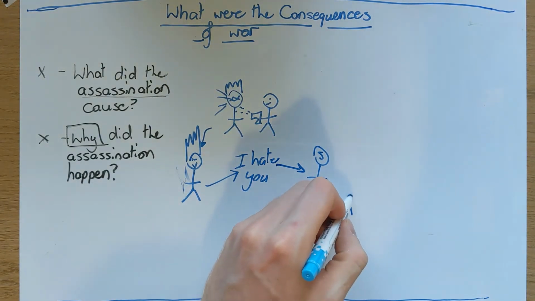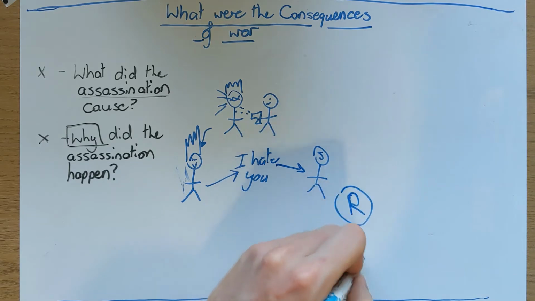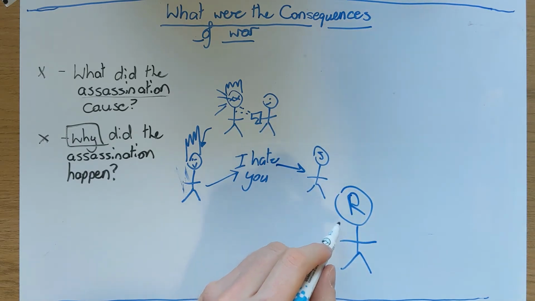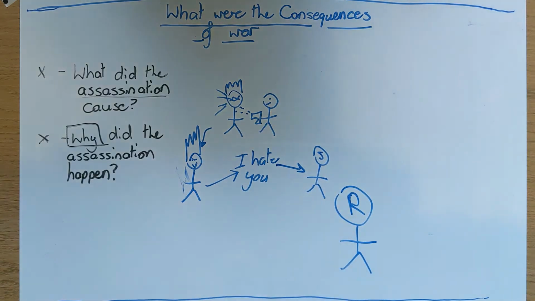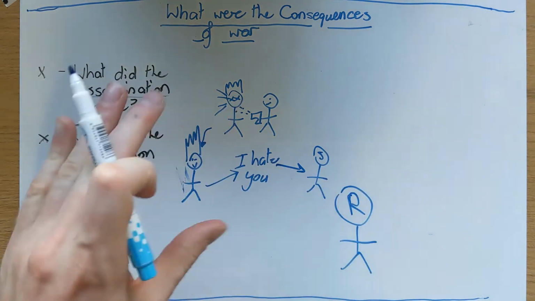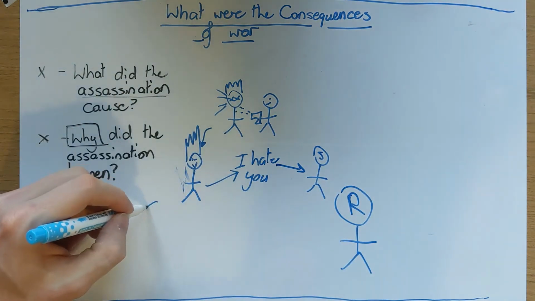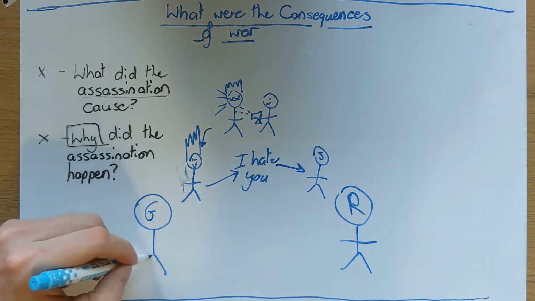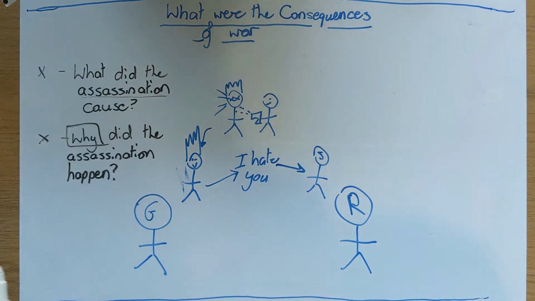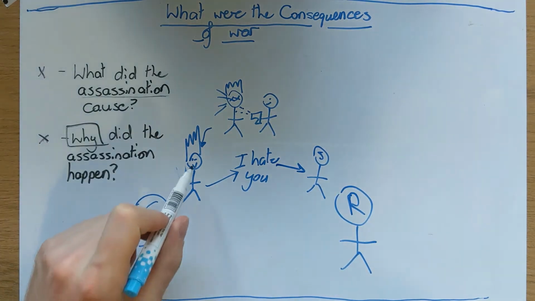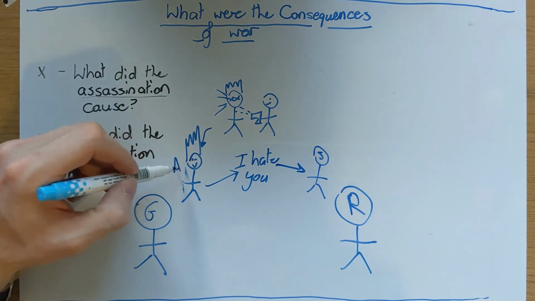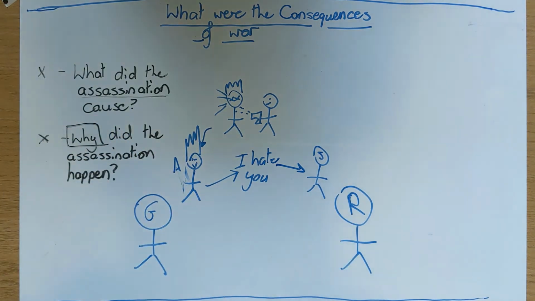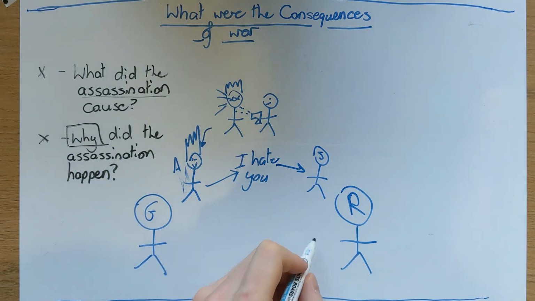And before you know it, Russia step up and they help Serbia. They're then having a go at Austria. And before you know it, Germany then help Austria. So now I've got Germany and Austria against Serbia and Russia. But a friend of Russia's is France.